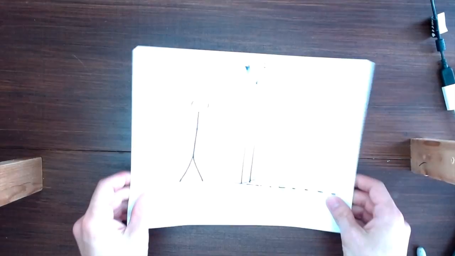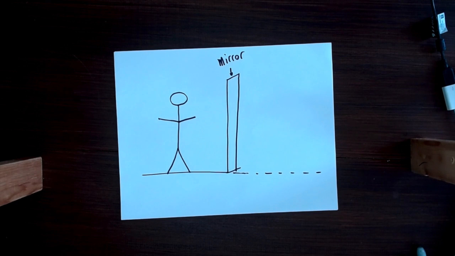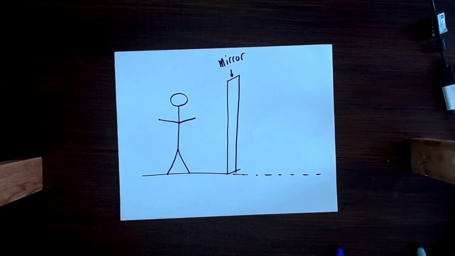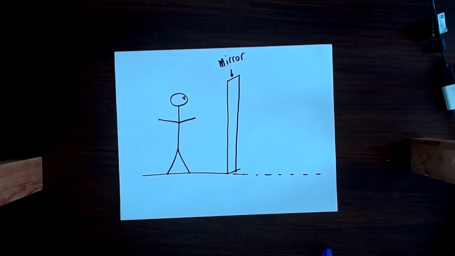Now, to begin, the most common application of a reflection that everybody I'm sure is familiar with is a mirror. Okay, so here I have somebody standing in front of this mirror, and they're looking towards it like that. So if I wanted to draw their eye, it would look kind of like that right there, staring at the mirror.